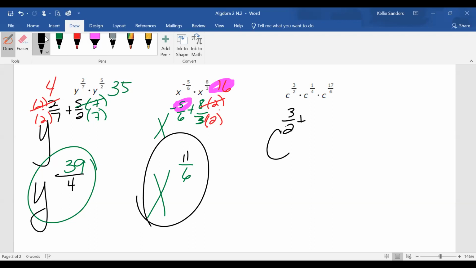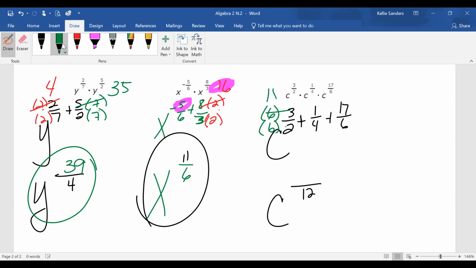3 over 2 plus 1 over 4 plus 17 over 6. Common denominator between 2, 4, and 6 is 12. What do you multiply 2 by to get 12? 6. So you multiply the top by 6 and get 18. What do you multiply 4 by to get 12? 3. So you multiply the top by 3 and get 3. What do you multiply 6 by to get 12? 2.